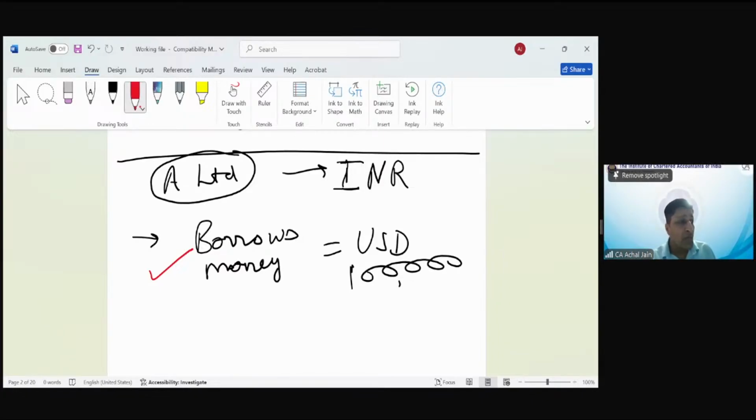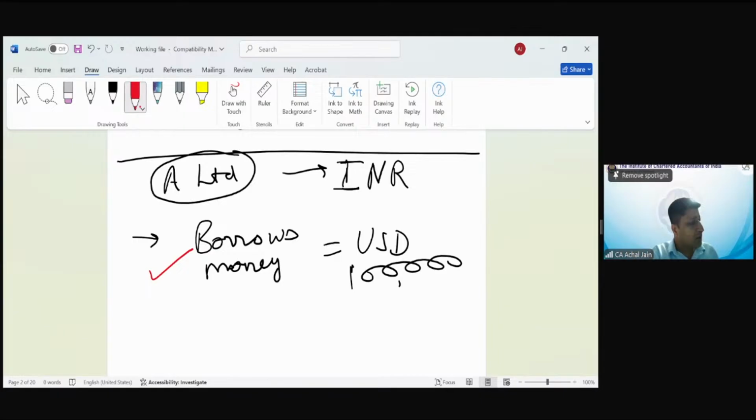Company will have to convert this into INR. Now, how do you convert that into INR, which is then recorded in the books of accounts, is what we are going to look at under this AS 11. Clear? So that's one.